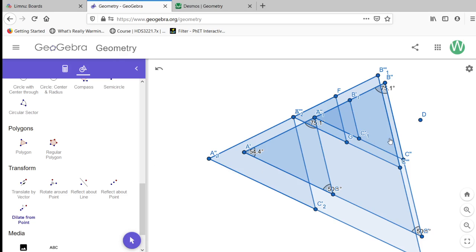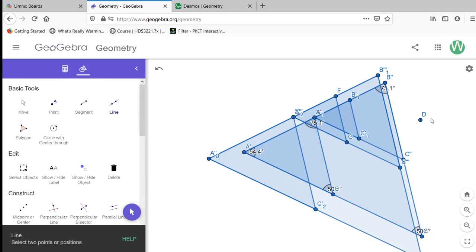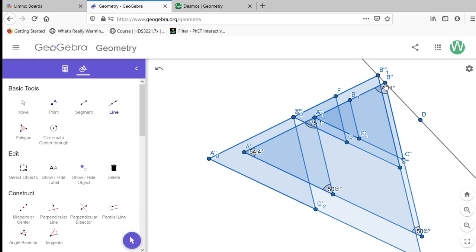A scale factor of 1.2 doesn't change it much. It just adds 20% of the distance from D to that point as measured the shortest way. So if we were to connect lines between D and any point before it's scaled, that goes through the same or corresponding point after it's been scaled.